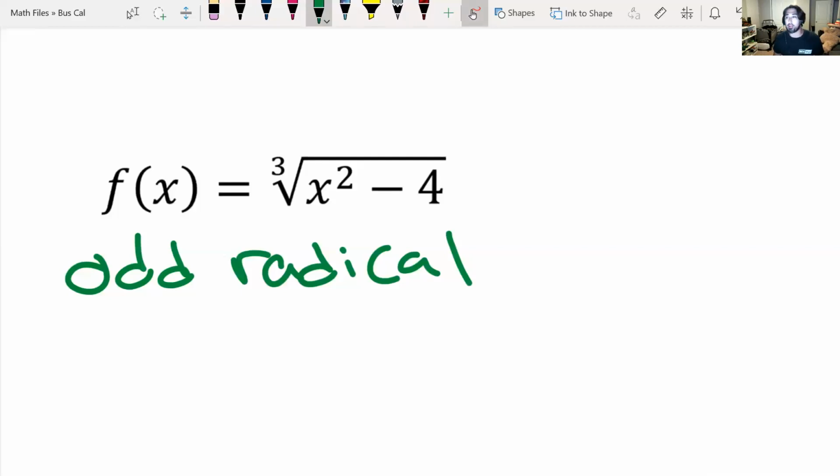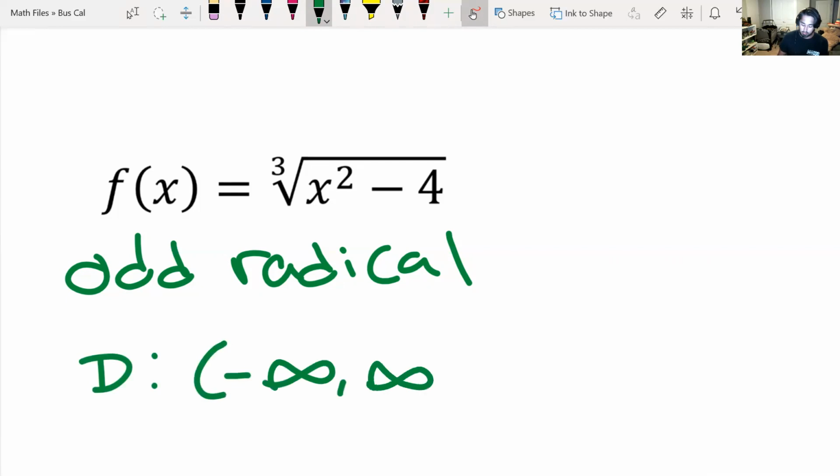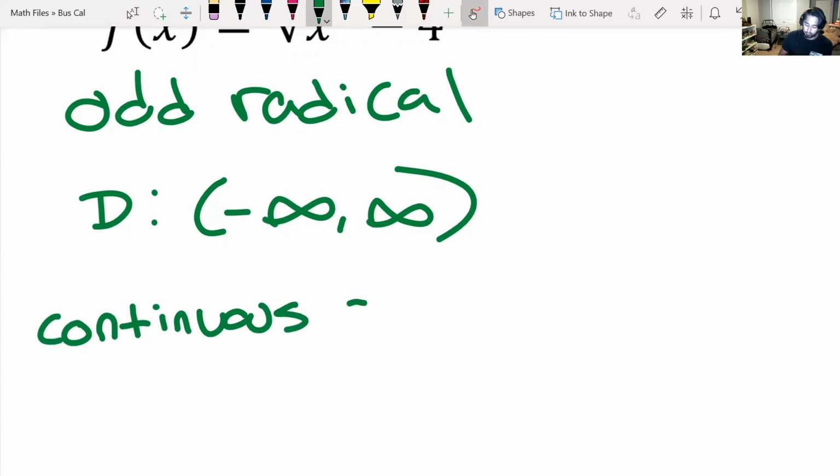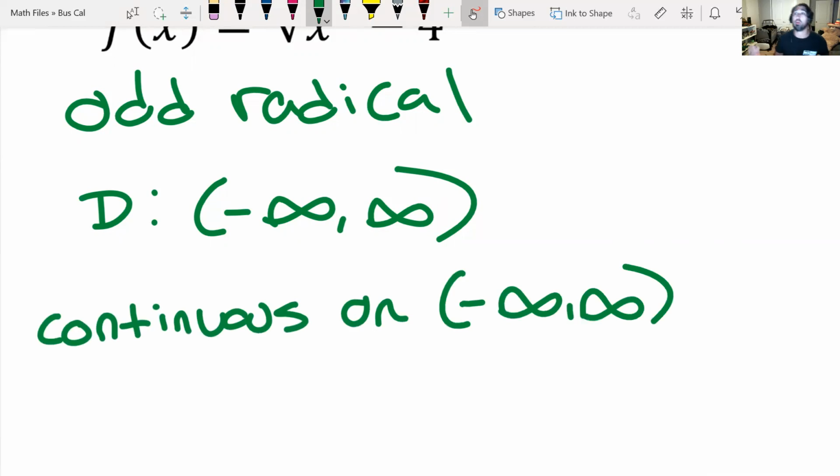So this is an odd radical with a polynomial, which means that by the property above, our domain is going to be all real numbers. And once again, in continuity terms, we say this function is continuous on the interval -infinity to infinity.